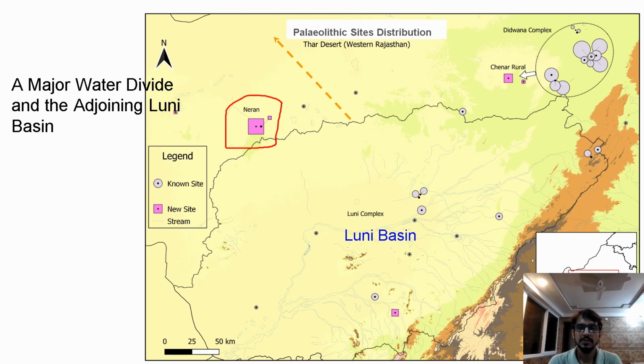Here I would just mention the Luni water basin and its water divide boundary. When we talk about the northwestern flow direction, this is the water flow that occurs here, and the rest of it joins the Luni system.